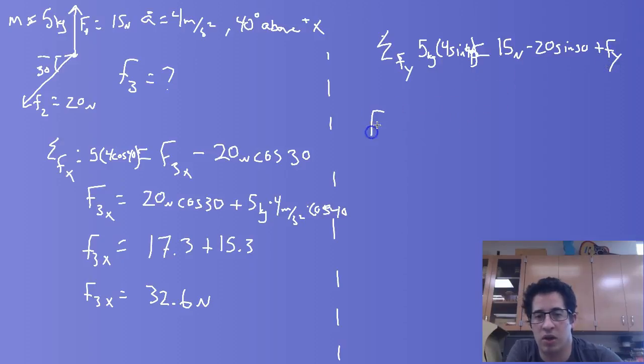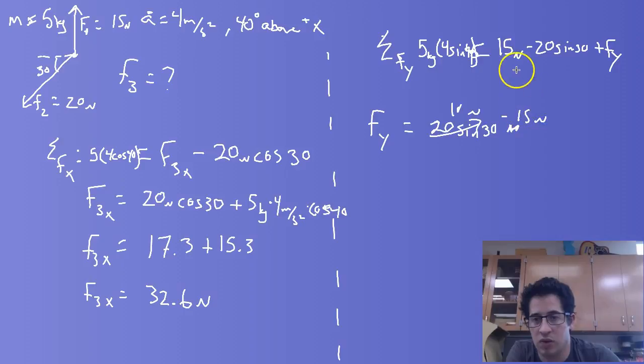So Fy would be equal to 20 times sine of 30, which, since sine 30 is 1/2, we'll just write as 10 newtons, minus 15 newtons for that upward force, plus 5 times 4 is 20, so times sine of 40.